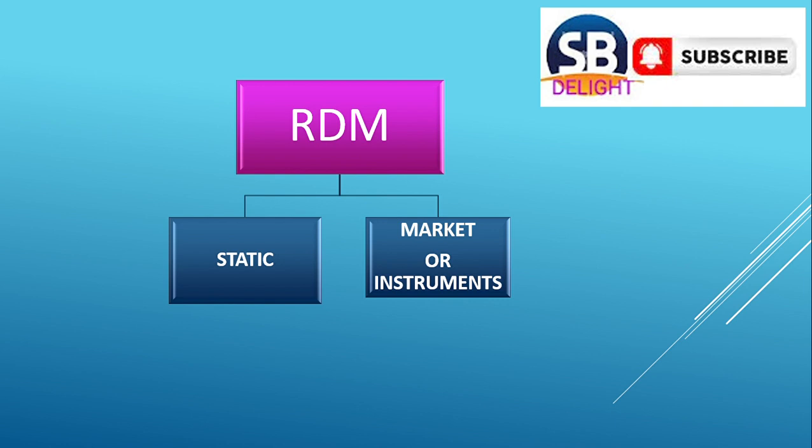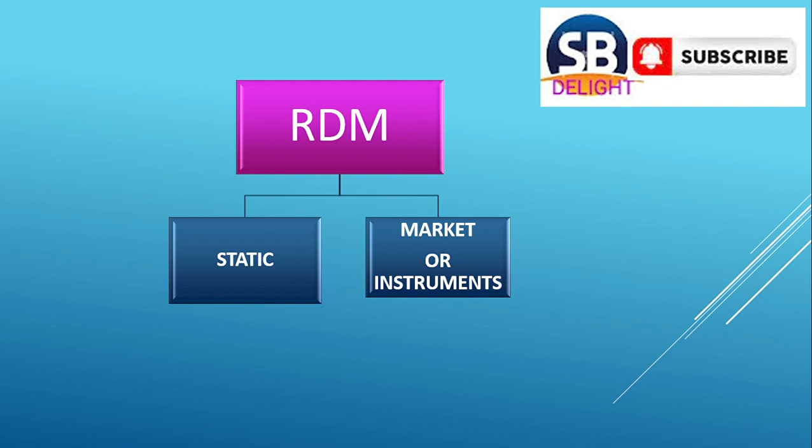I have created one video on CUSIP as well. Just go through it to see what CUSIP is and how it works. And SEDOL also, I have created one more video. Go through the previous video and you will know what SEDOL is. And finally, price and number of quantities. These are all the things set up by the market or instrument team. This is called reference data management.